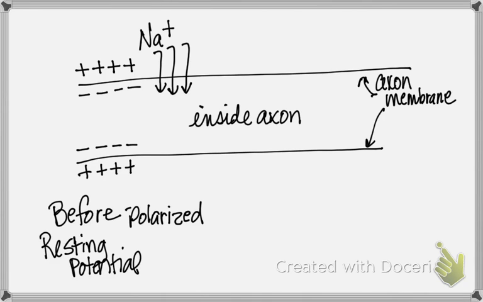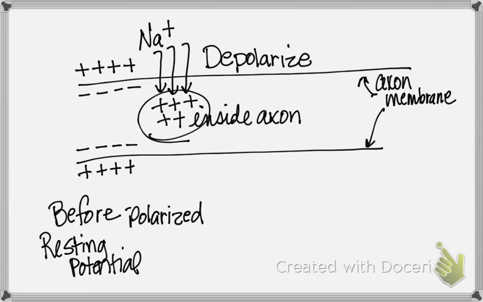If you have a flood of positive charges going inside the cell, the inside is going to become positive. So when the nerve depolarizes, we no longer have that natural plus outside and negative inside. We have a rush of positive inside, which makes the outside slightly negative compared to the inside. And that is the action potential.